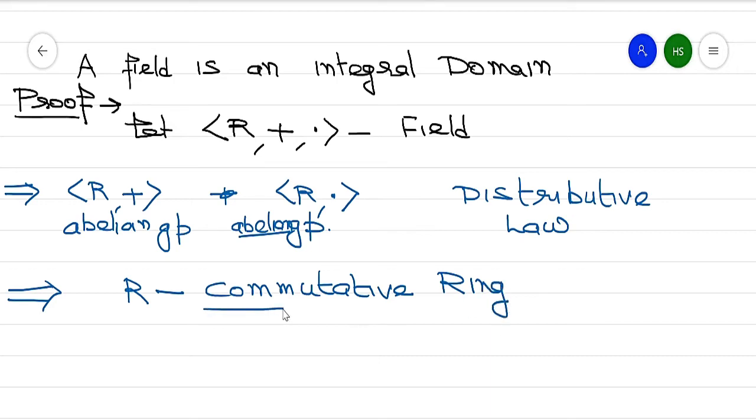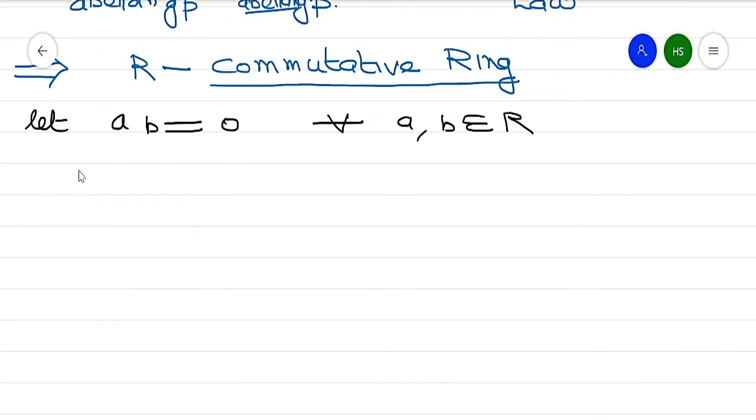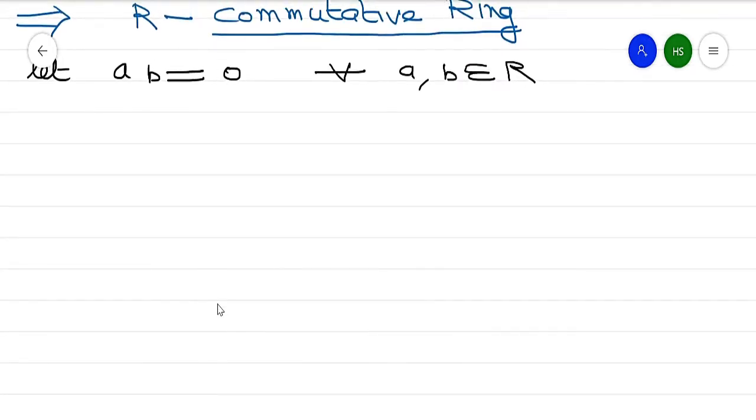So, to prove that it is an integral domain, we want to show that it is without proper zero divisor. So, let AB is equal to 0, for every A, B belongs to R. My aim is to prove that either A is 0 or B is 0.